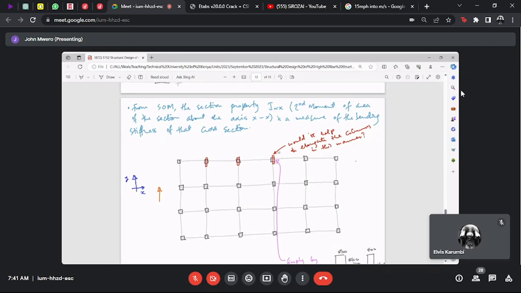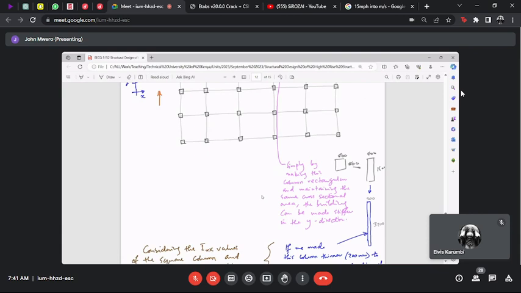elongating or changing the orientation of columns in a particular direction, we can change significantly the stiffness of a building in that direction. And then we went back to the column that we are working with in the hypothetical building. And we said, if we were to rearrange this column from 800 by 800 square to 200 by 200 rectangle section in plan, then that effectively will have changed that column into a wall.